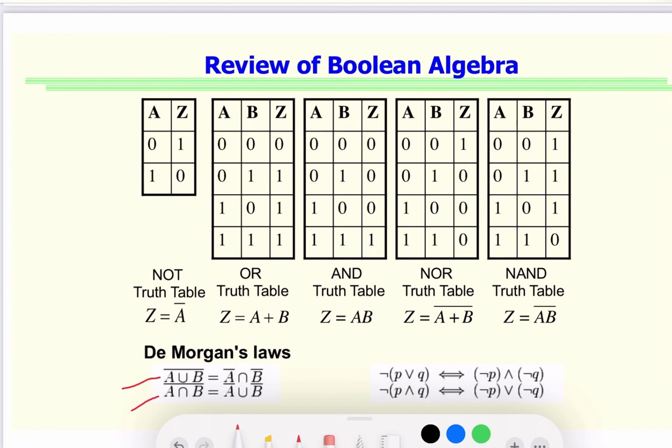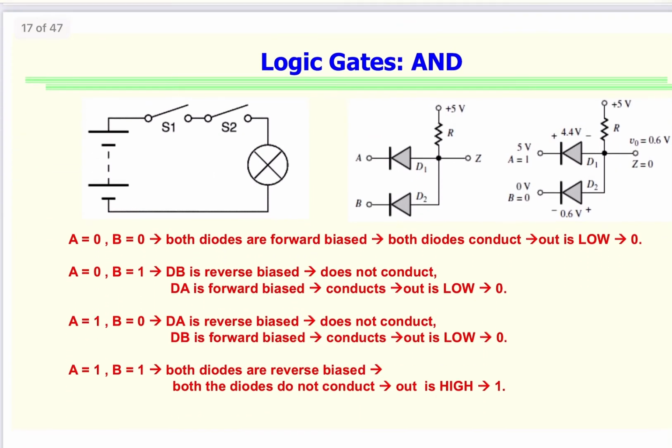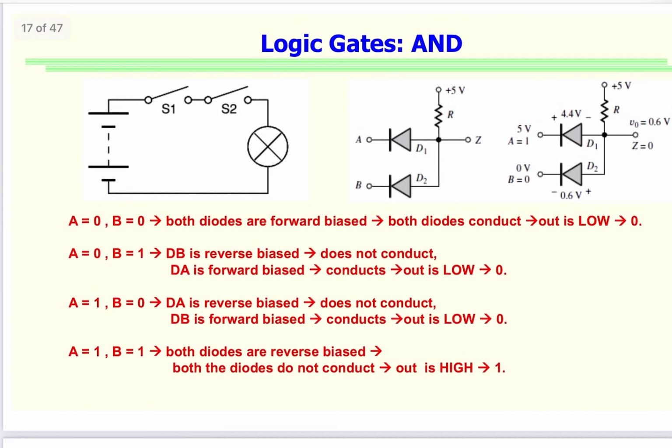Now, we saw how we can implement that. So let's just see what happens if there are two diodes. And these are just some voltages that are shown. You are using 5 volts, there is 0.6 voltage drop, so there's 4.4 voltage drop across a diode.